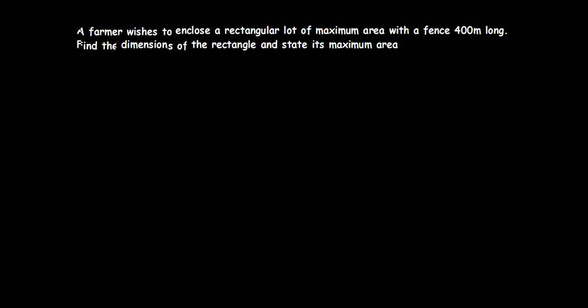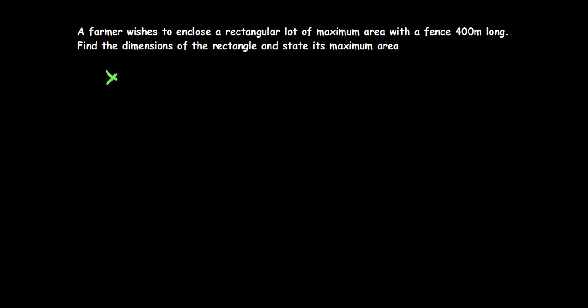Now to solve this question, suppose the length of the rectangle is x, and suppose that the width is y. We can get the perimeter, which is just the total distance around this rectangle.